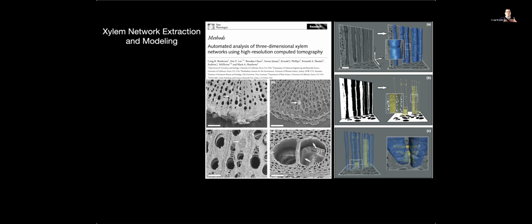So we can determine the threshold distance for deciding when two vessels are connected. Using this method, we're able to identify every single vessel in the stem and give it a unique identification number, and we can determine all sorts of things that are really difficult to measure otherwise, including the total pit area between vessels and how many vessels are actually connected within the network, within the three-dimensional volume of tissue.